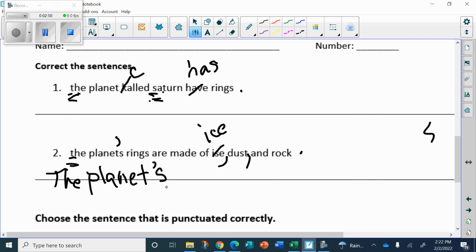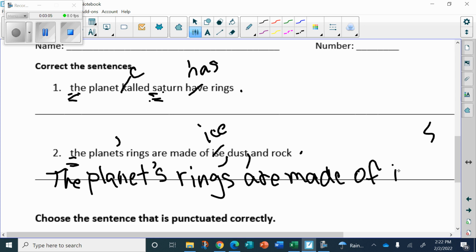So the planet's, apostrophe S, rings, no apostrophe because it's plural, are made of ice, I-C-E, there's that E after the C, ice, dust, and rock. Period. Okay, good job.